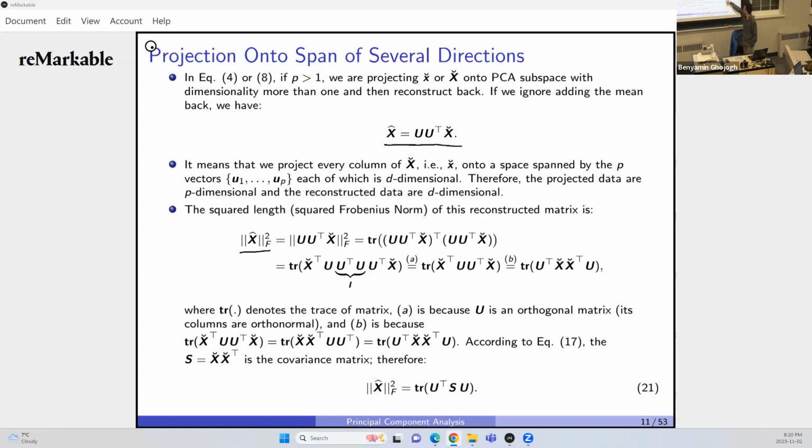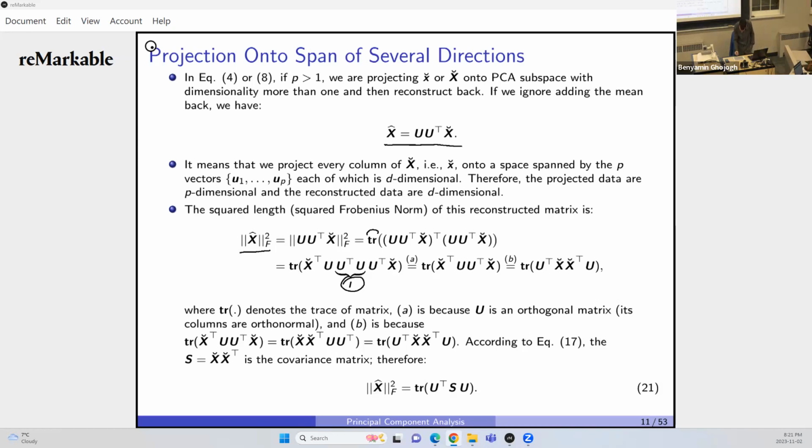Then again, it becomes this. Again, we'll have a trace. If we simplify, we know that U transpose U is I, because we are going to use the constraint U transpose U equals I, which means U is an orthogonal matrix. Its columns are orthonormal. Recall preliminaries. Okay, so we calculate that.